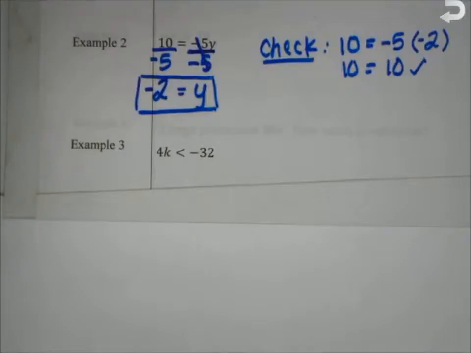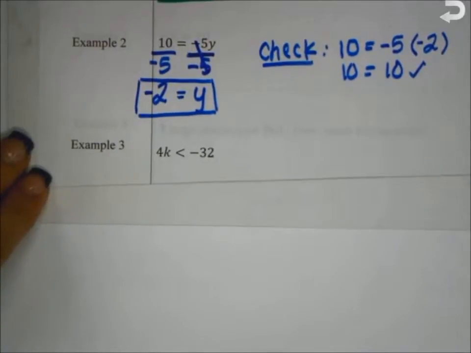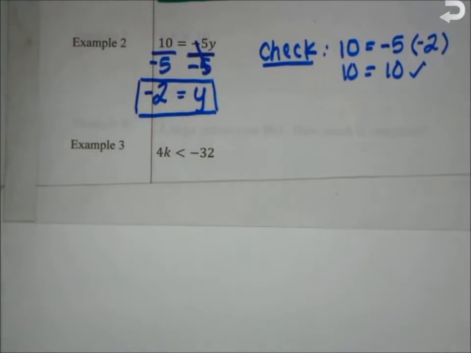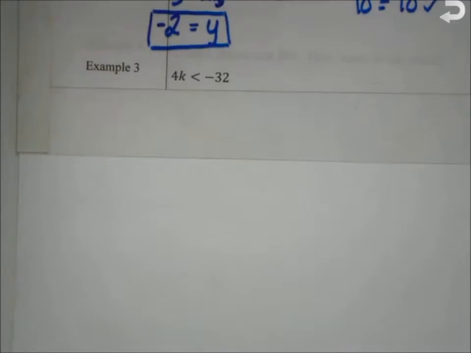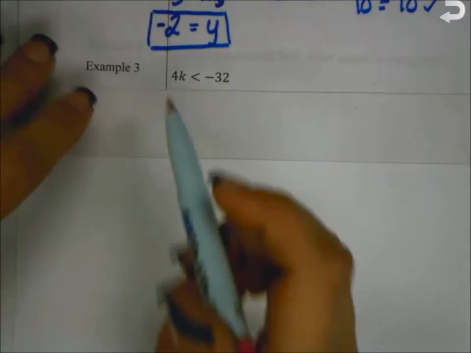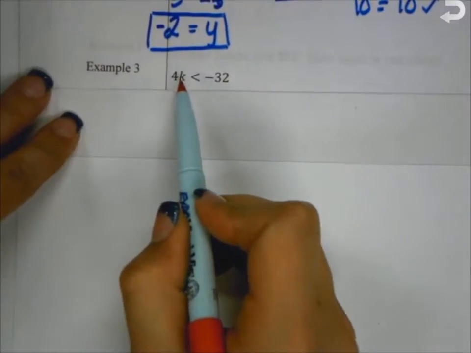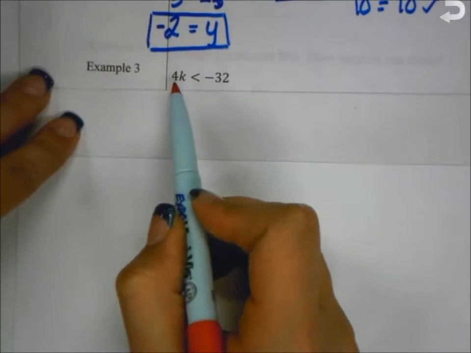Alright, example number 3. 4k is less than negative 32. Even though we have an inequality, we still do everything the exact same way. So I have 4k, which is the same as 4 times k. What am I going to do to get rid of that 4?